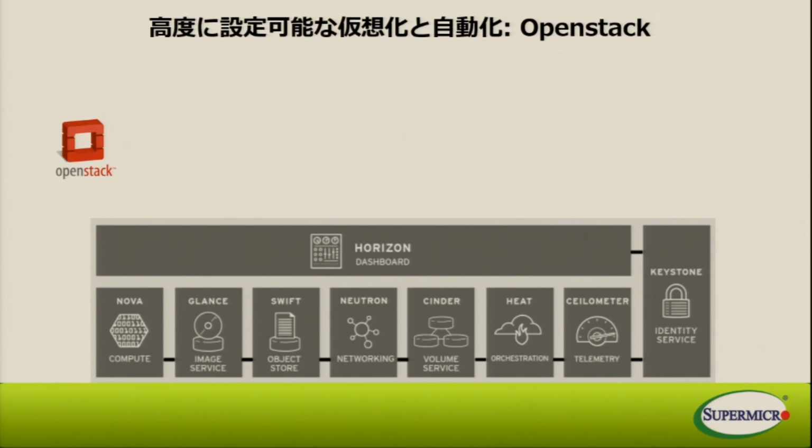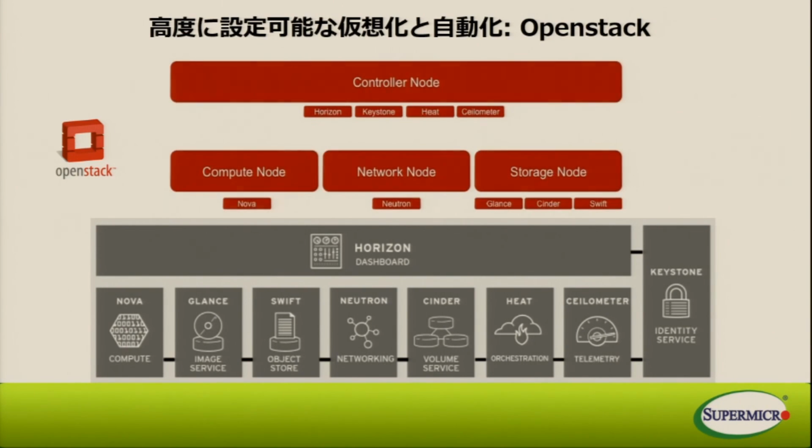Then you have Swift and Cinder for managing storage, object storage like file share storage or block level storage. You have Neutron, which can act as an SDN controller to control your switches. And you have an identity service, the user identification. So basically, it fits the compute, network, and storage architecture.